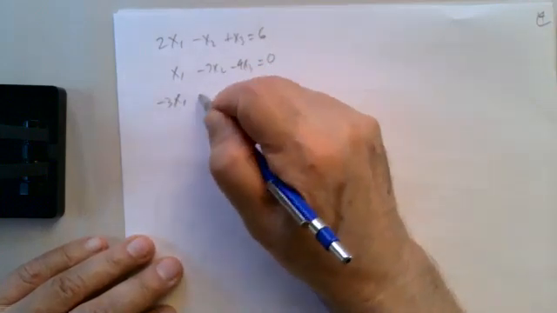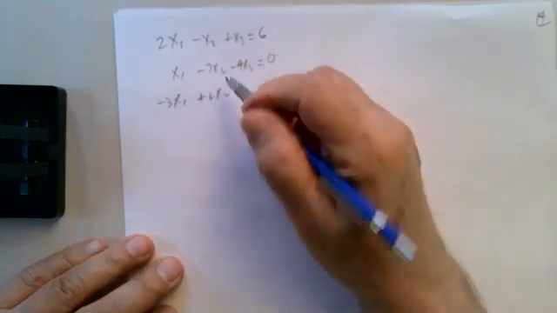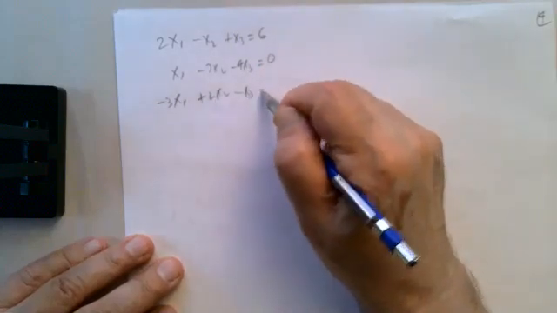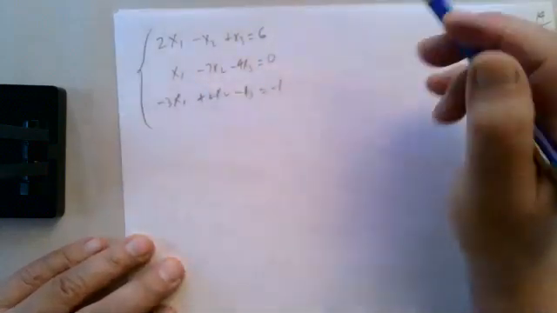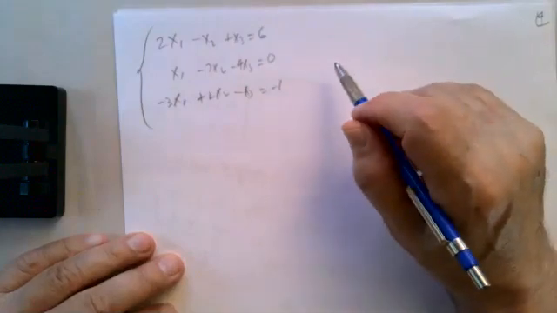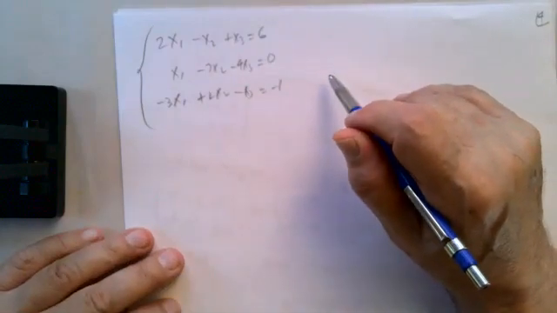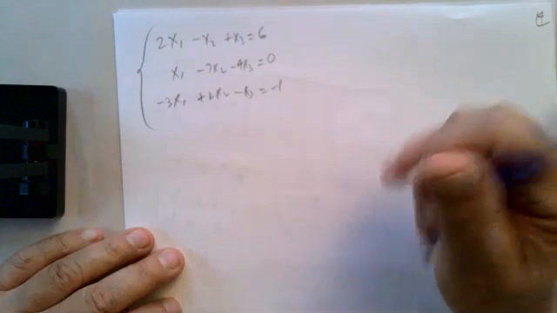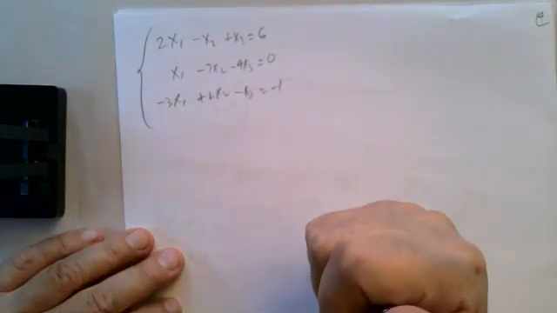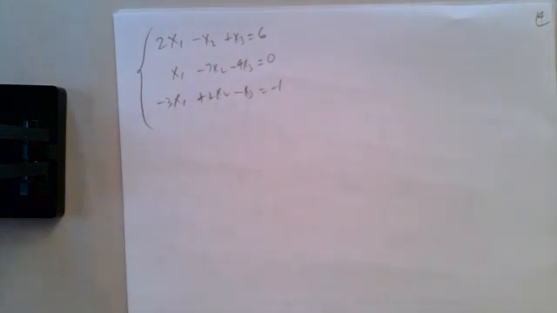Minus 3x1 plus 2x2 minus x3 equals minus 1. So we have 3 equations and 3 variables. And we know using Gaussian elimination that there's a way to solve the system of equations by converting it to a simpler but equivalent system. Equivalent means a system with the same solutions.